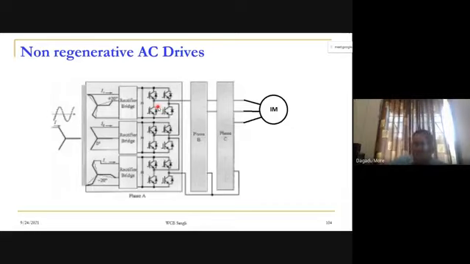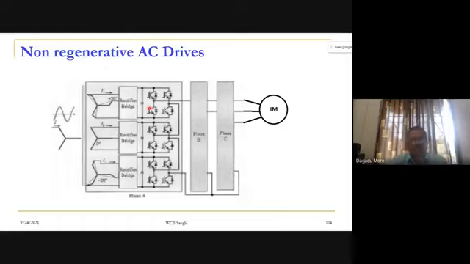Again, I am telling. The first H bridge gives how many levels? The first H bridge gives 3 levels. Is it right? And each successive one gives 2 more levels. So assume the first is 3 level, then we add 2, it will be 5, then we add another 2, so 7.